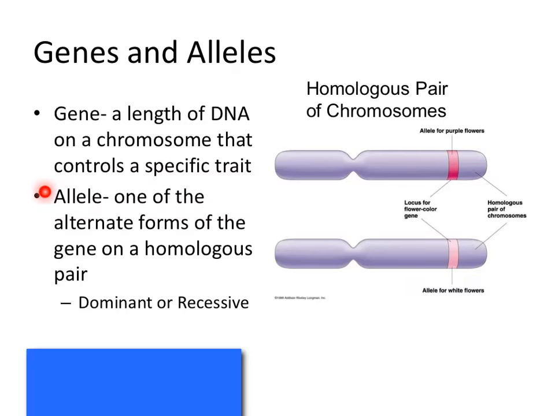It's one of the alternate forms of the gene on a homologous pair. So that's where the dominant or recessive comes from. Right? This gene is saying we're going to make purple flowers, and this gene is saying, no, we're going to make white flowers. So they're both genes for flower color, they just have a slightly different message. And one of them is going to win out. Now, if purple is dominant, then the plants would have purple flowers, or vice versa.